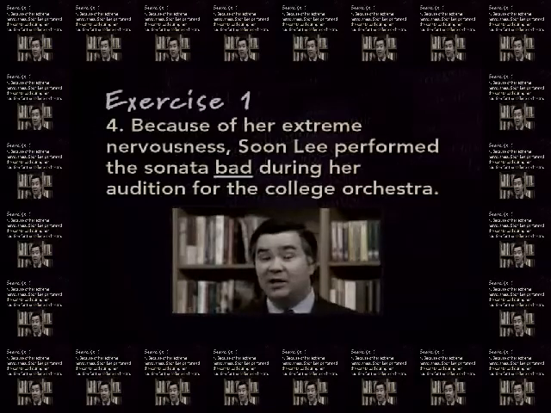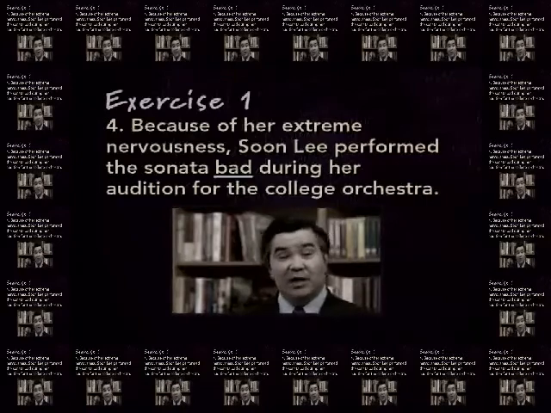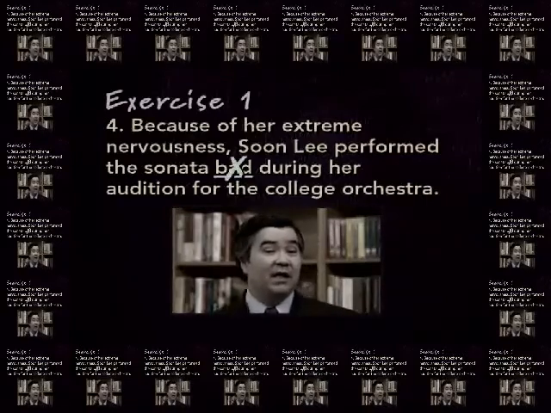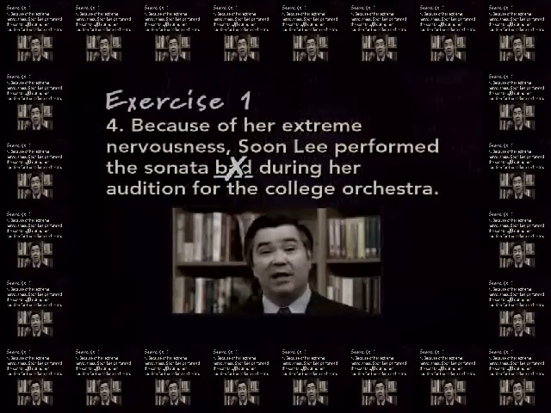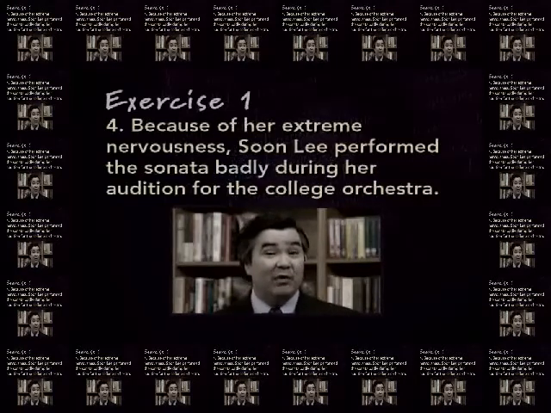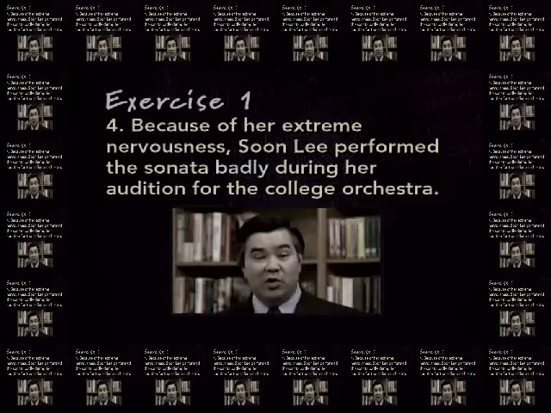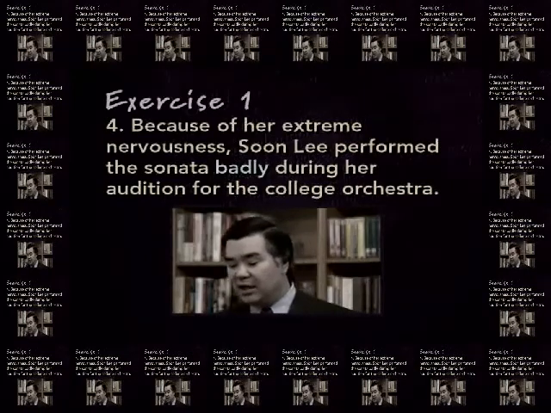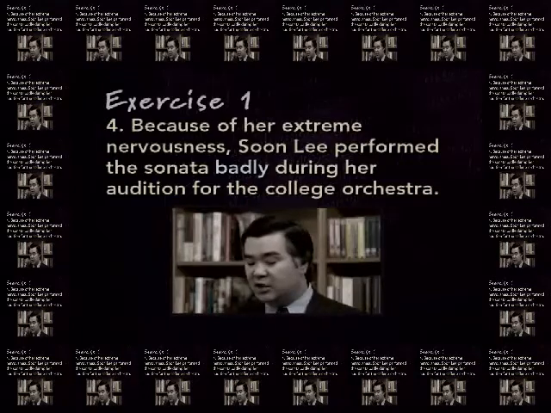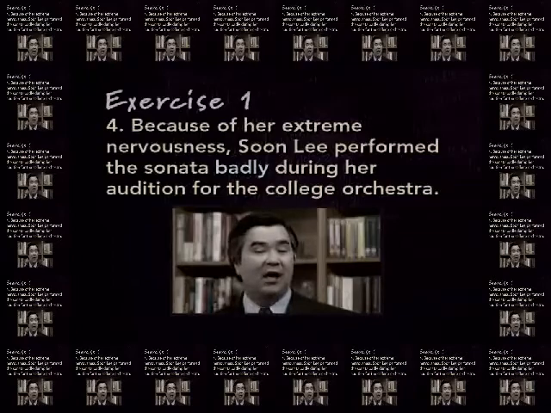And remember that an action verb needs to be followed by an adverb, not an adjective. So this sentence is wrong as written. The adjective bad is incorrect. Instead, the adverb badly should be used, and badly would modify the action verb performed. So to correct the sentence, you would want to make it read, because of her extreme nervousness, Soon Lee performed the sonata badly during her audition for the college orchestra.